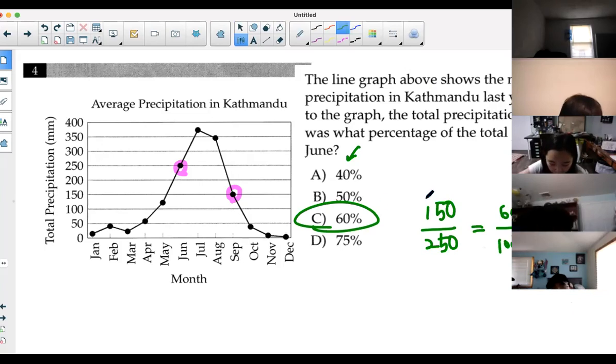No. For example, if you read this number as 370, then 150 divided by 370 would have been similar to 40%. So I got a lot of 40% as the answer. What was the issue? Misreading it.